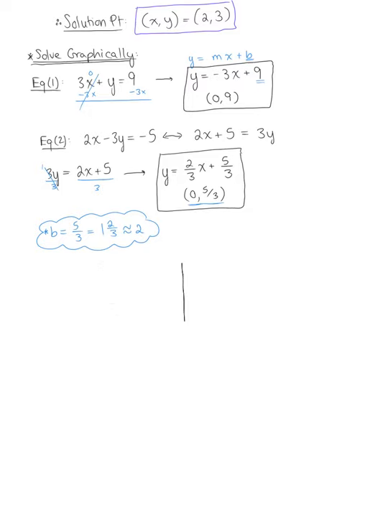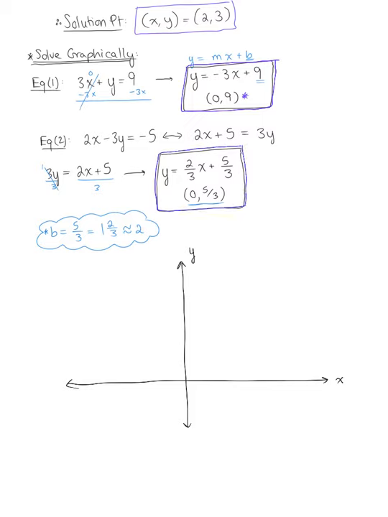So we're ready to sketch our graph. We have our y-axis and our x-axis. Again, we want to keep in mind the slope-intercept forms that we found. We have equation 1 with a y-intercept at (0, 9), and equation 2 with a y-intercept at 5/3 or 1 2/3.